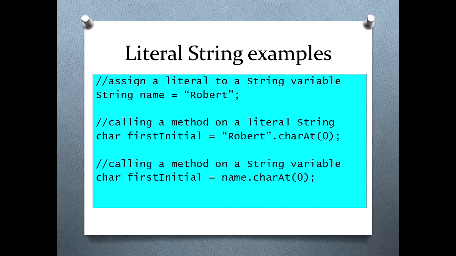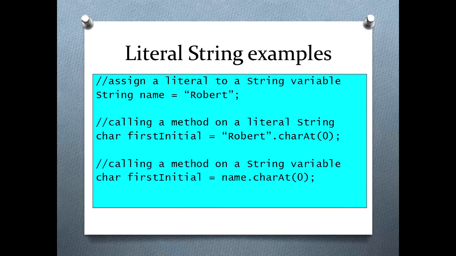In this slide, we assign a literal to a string variable. String name, I have kept it as Robert. So, calling a method on a literal string. char is a data type. char firstInitial is equal to Robert.charAt(0). You need to understand what is this charAt. charAt is nothing but each character being identified one by one.